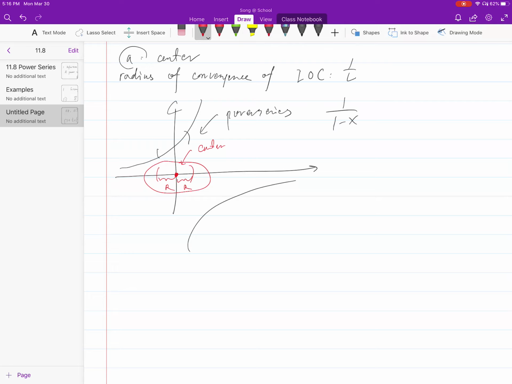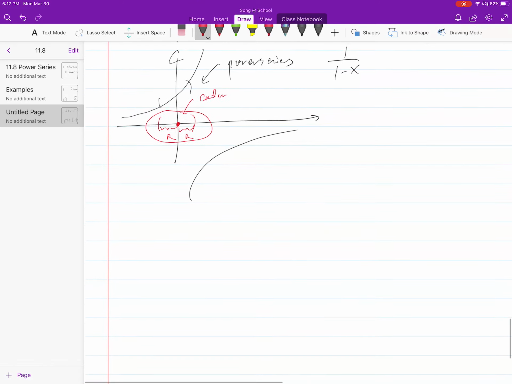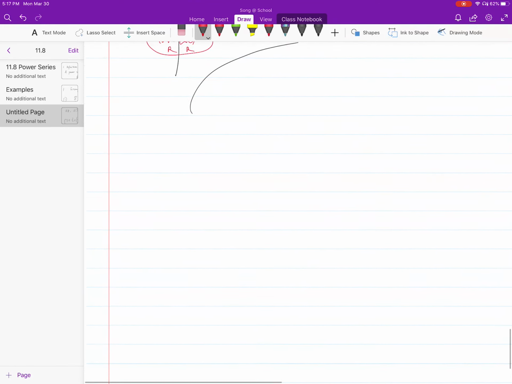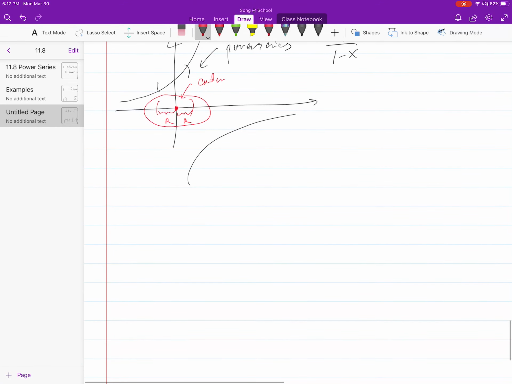Outside the interval, the power series won't work, which kind of makes sense. Otherwise, we basically get free lunch, right? Every function could be represented by a power series, power series are really easy, and there's no restriction. So we should have some restrictions. Yes, you can do it, but only for a certain kind of number. You cannot do it for all possible numbers.